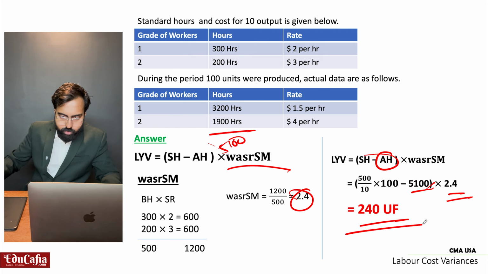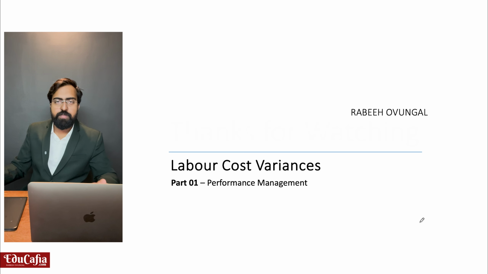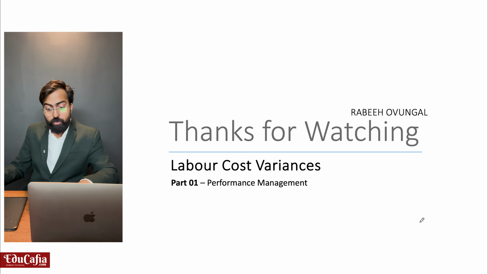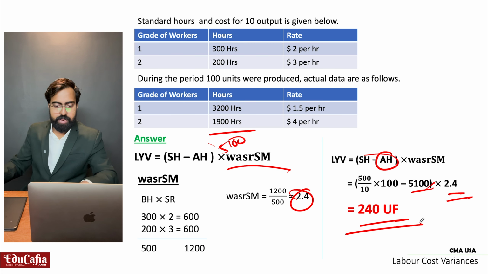So that is 240 unfavorable. You got it? So everywhere we got 240 unfavorable. So these are the equations for LYV, labor yield variance.